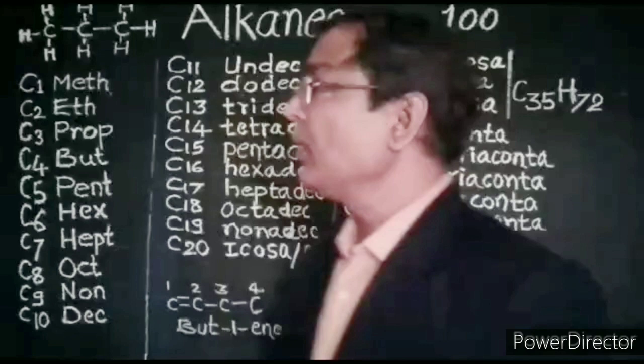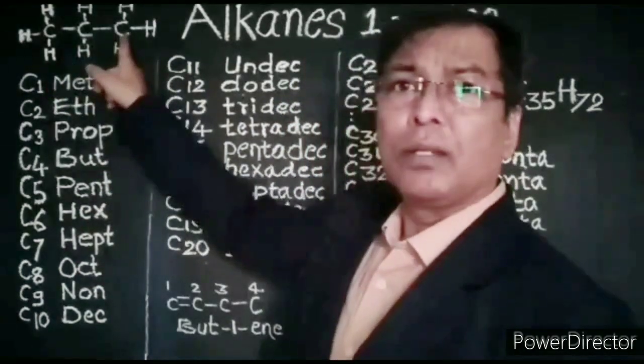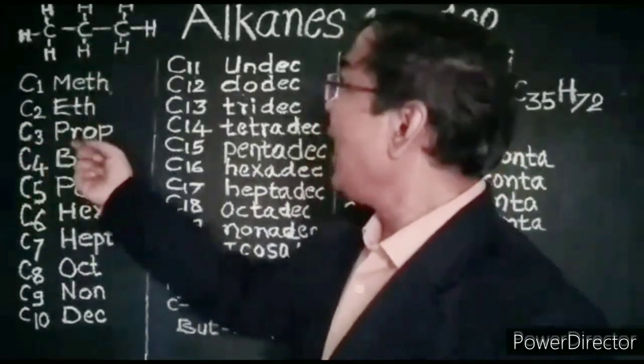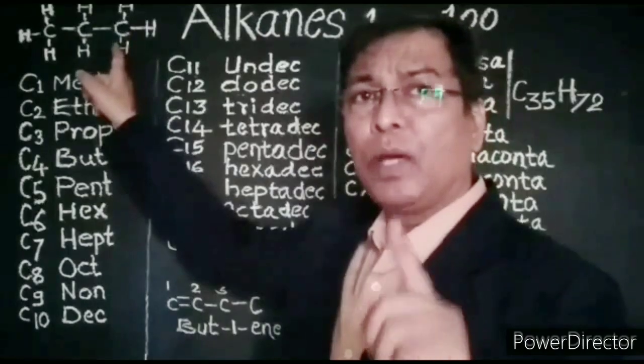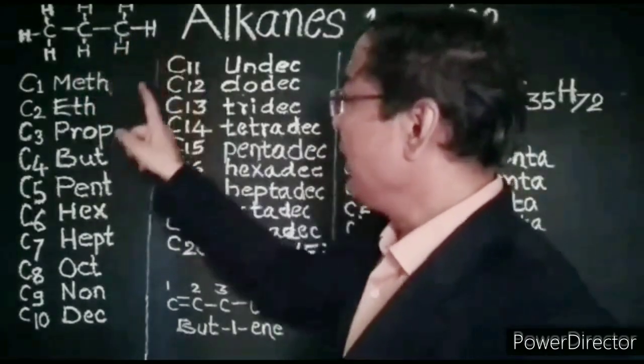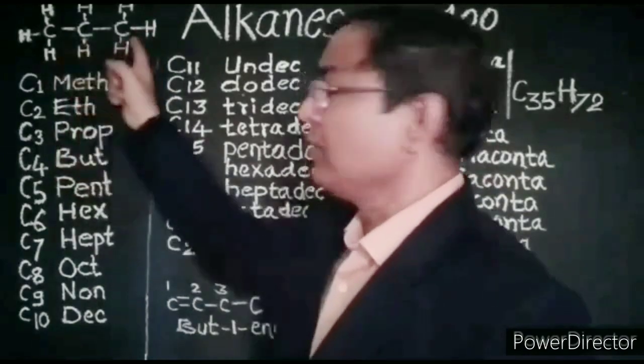Consider an example. Here 3 carbon atoms are present in a straight chain, so we use prop, and there is a carbon-carbon single bond. Therefore, this is an example of an alkane, so we use the suffix ane. Therefore, its name becomes propane.